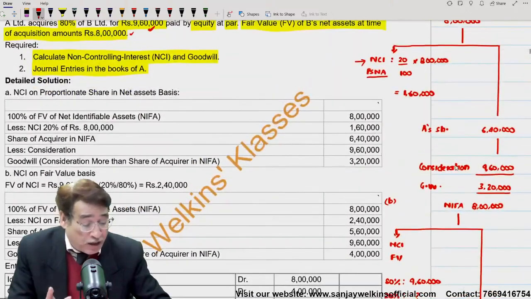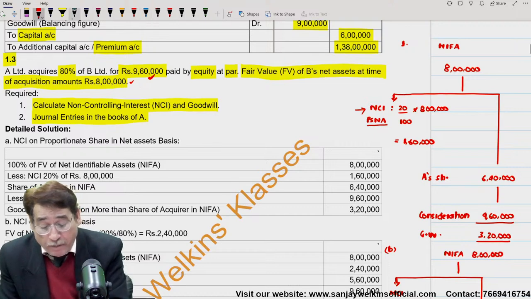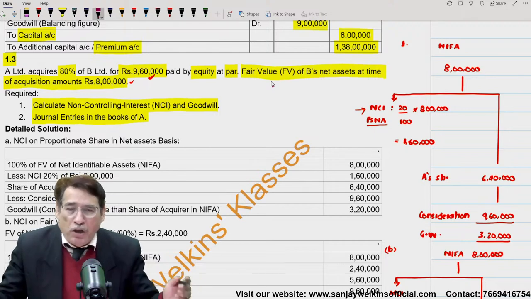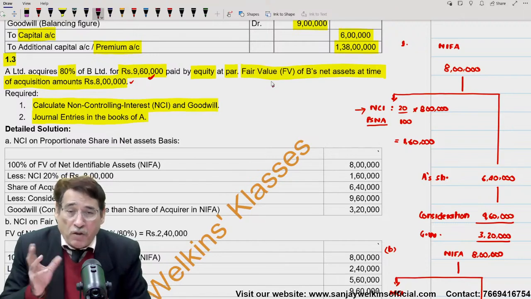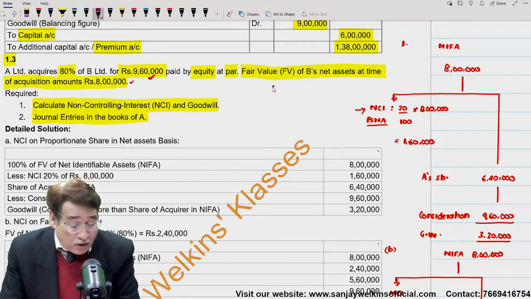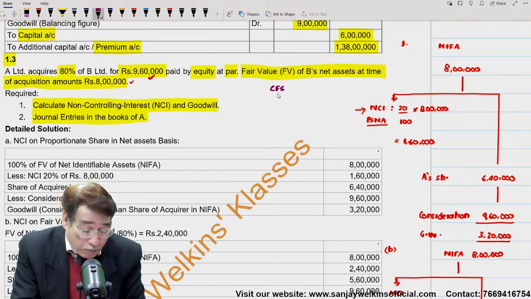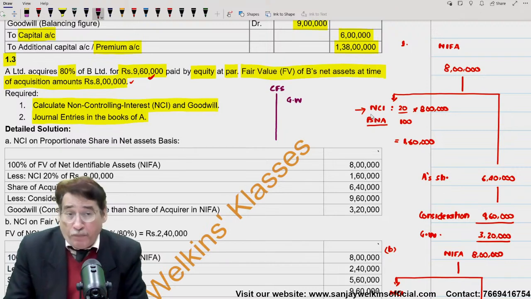How and why am I saying so? Please pay attention. Why are we doing all these things on the date of acquisition? The ultimate aim is that we have to prepare the consolidated financial statement. So when I prepare the consolidated financial statement, what amount of goodwill will I write here if I have computed NCI on PSNA basis?